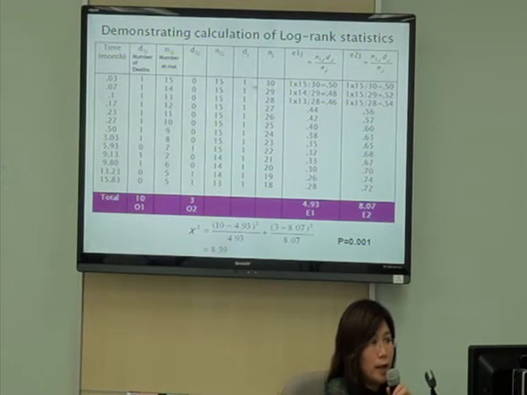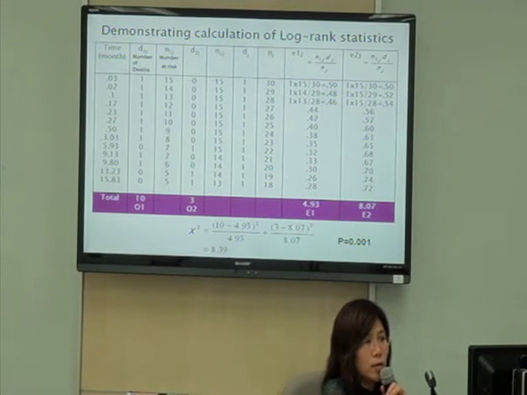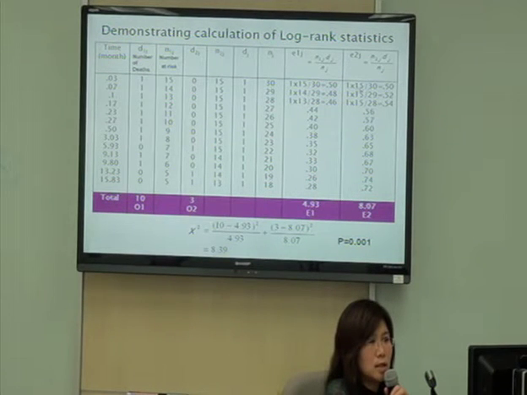dj is 1, right? N1 is 15 divided by 30, which is equal to 0.5 for the first row. I think it's the same because there is only one subject. But for the second one you might see the difference, because now the number at risk changes.